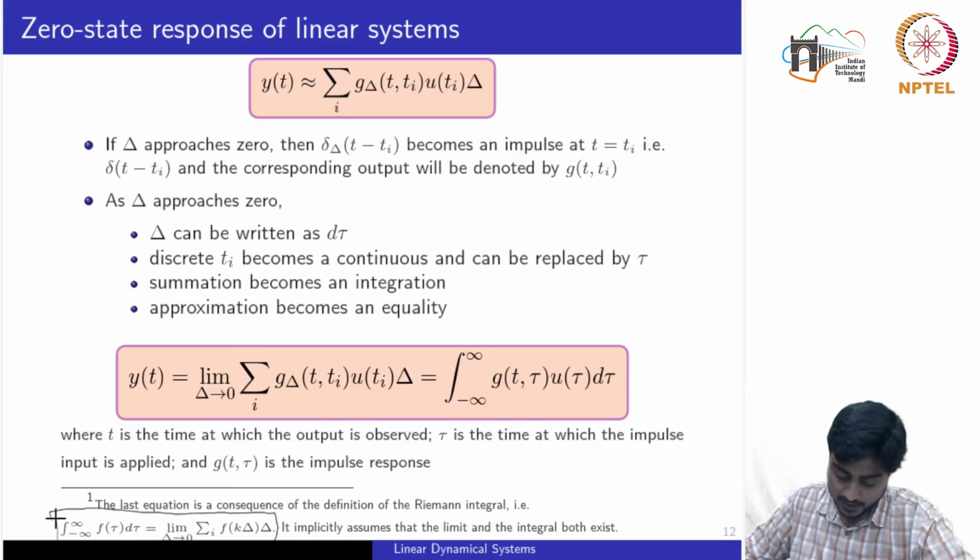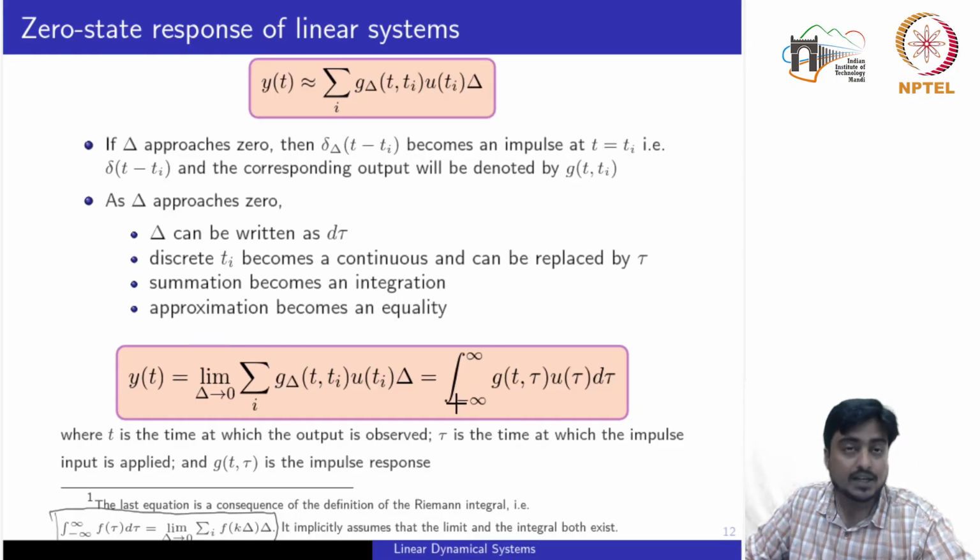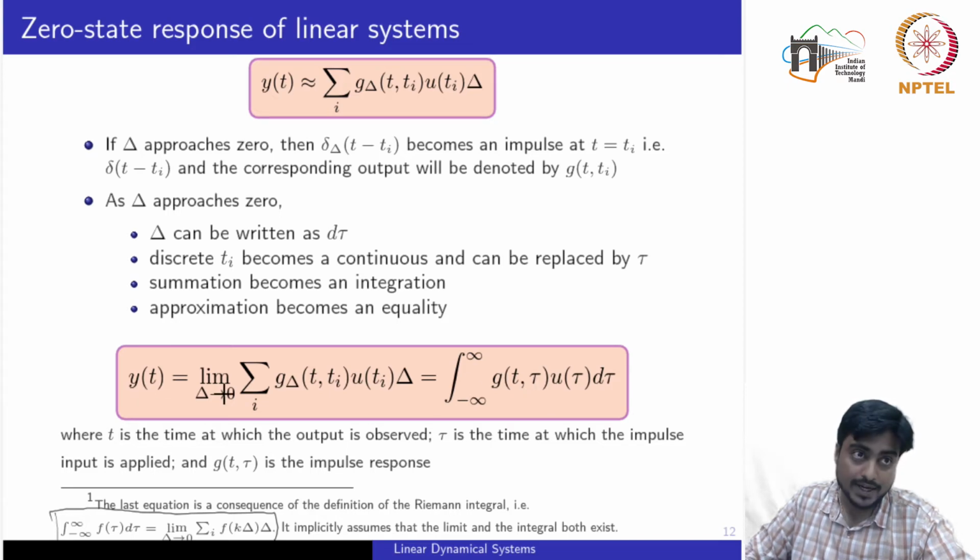So now y of t is defined by an integral from minus infinity to infinity of g of t comma tau u of tau d tau. It says that the input was applied at time t equal to tau and we are obtaining the output at time t. This g function is now defined as the impulse response of the system.